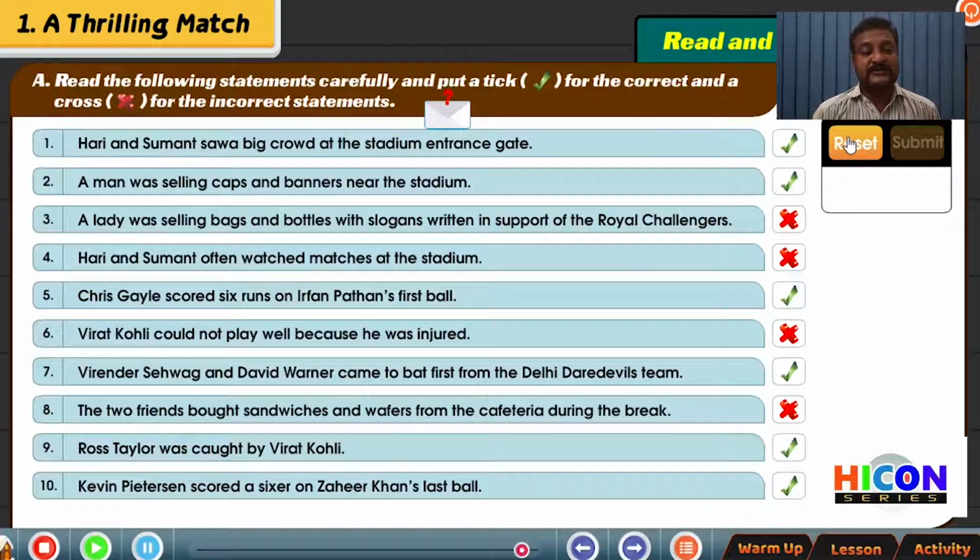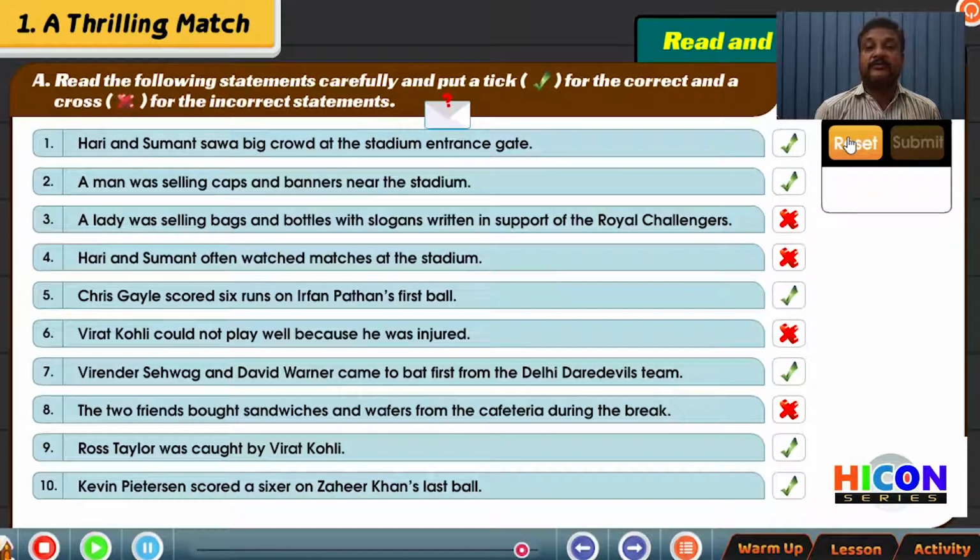Chris Gayle scored 6 runs off Irfan Pathan's first ball. Yeah. We read Chris Gayle came out to bat first for Royal Challengers.